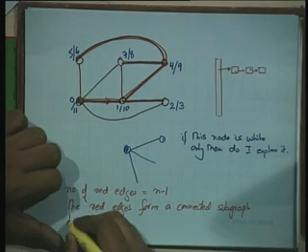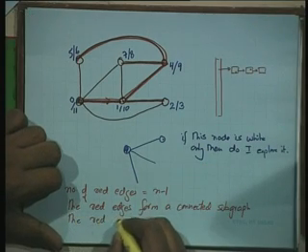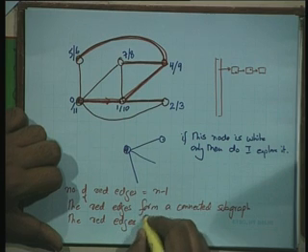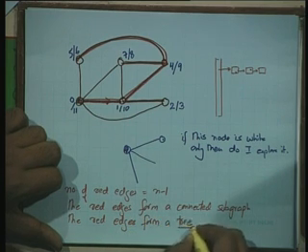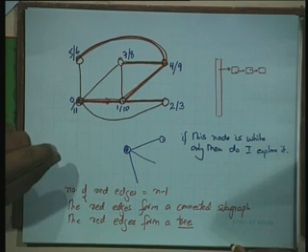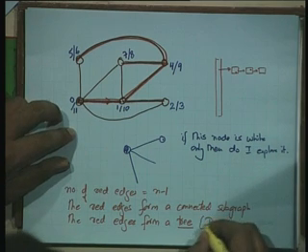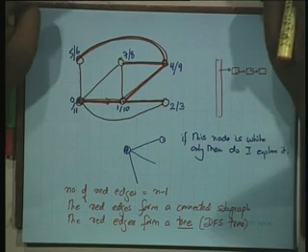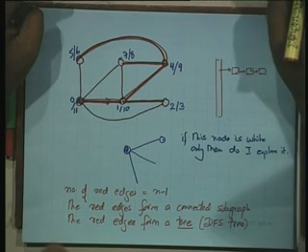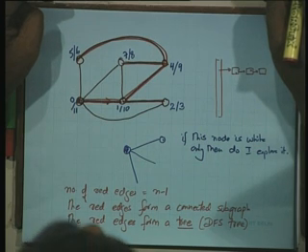So, the red edges form a tree, and this tree is also called the DFS tree, the depth first search tree. Is this clear?